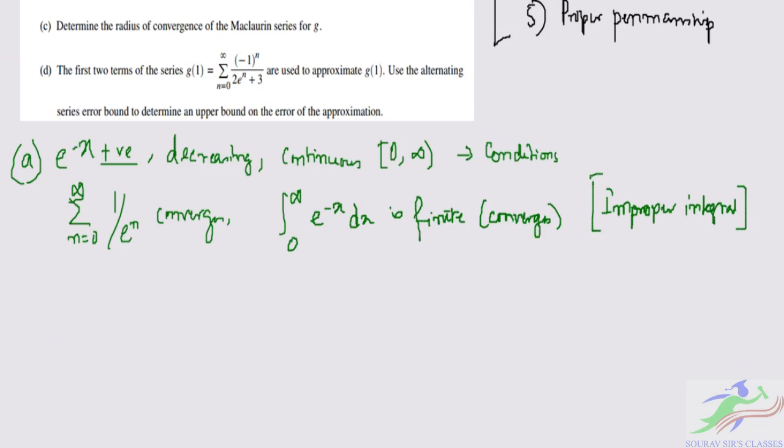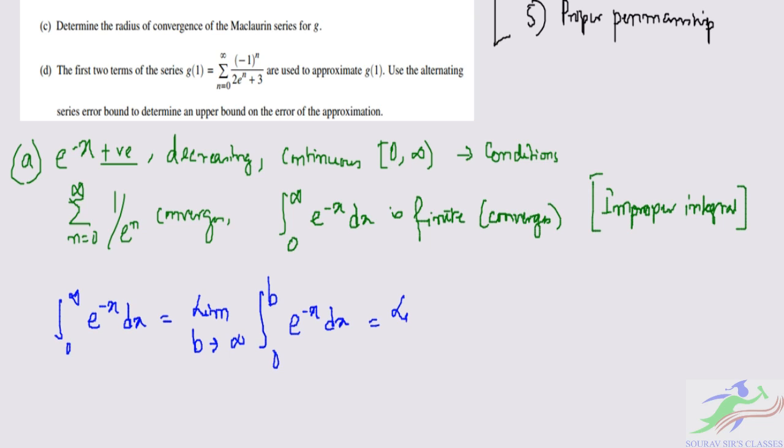Now to solve this, we have the integral of 0 to infinity e to the power minus x dx. It is equal to the limit b tends to infinity of the integral 0 to b e to the power minus x dx.